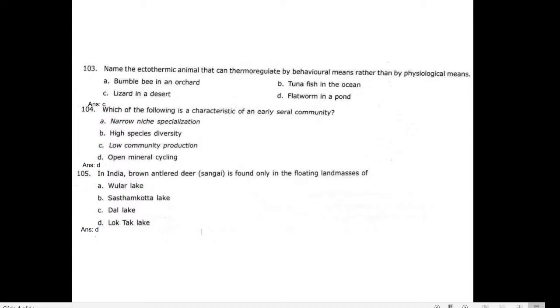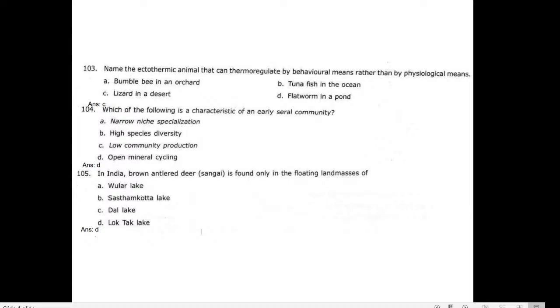The next concept here is the name of the ectothermic animal. The ectothermic animal can thermoregulate by behavioral means rather than physiological means.